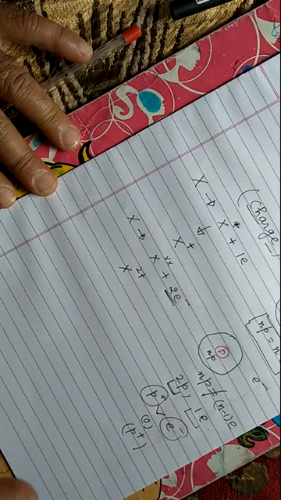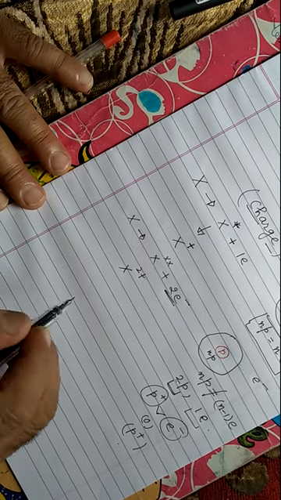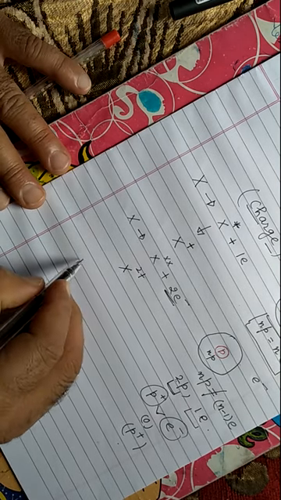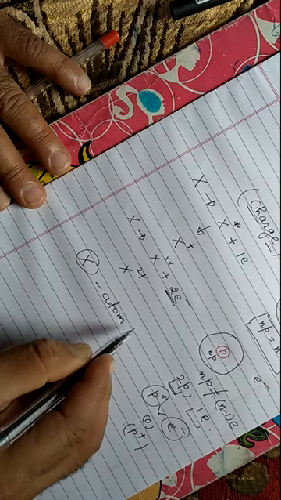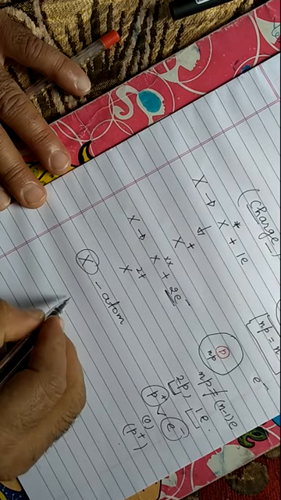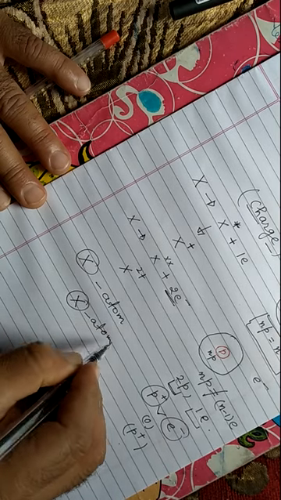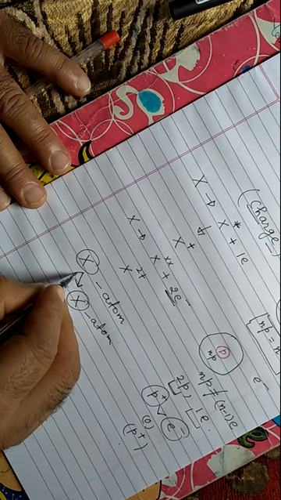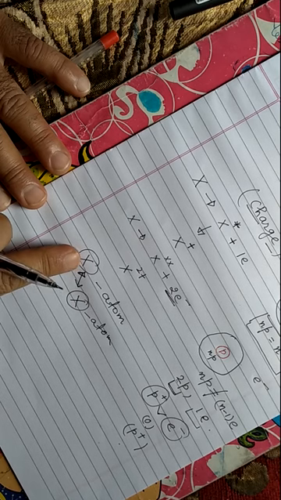Charge is not only a positive and negative concept. It is something different. Now try to understand that X is an atom. When it is placed in the neighborhood of another X atom, they would not repel each other and they will not attract each other.